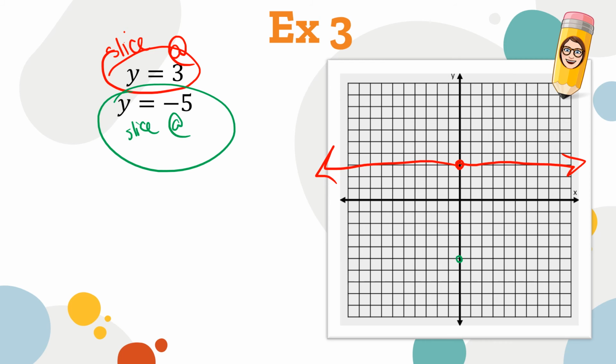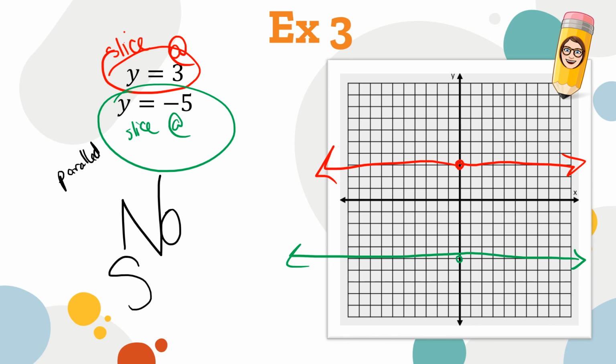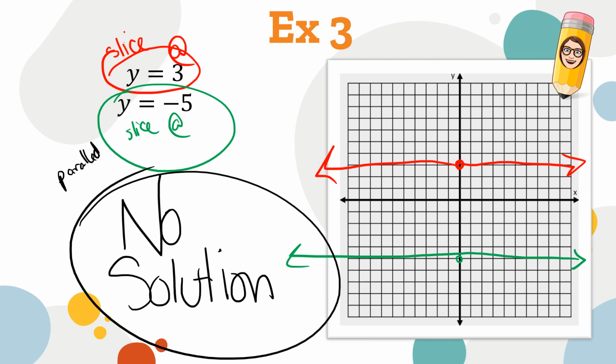Y-axis, -5, slice it. Perfect horizontal lines, but they never cross. I don't have a nice clean point. They never cross. If they're parallel, remember that? If they're train tracks, there is no solution. They never cross.